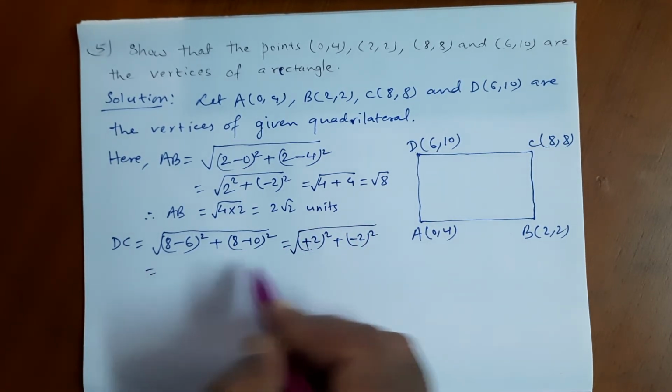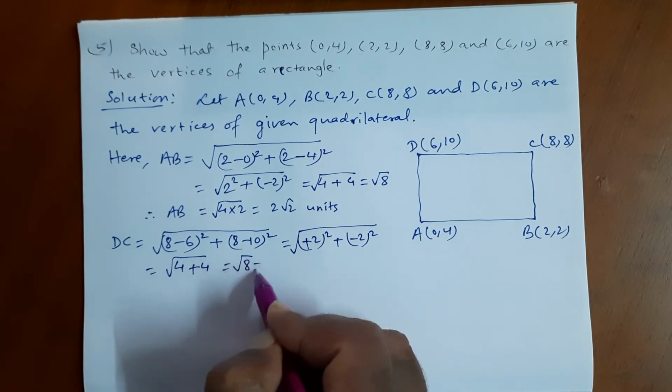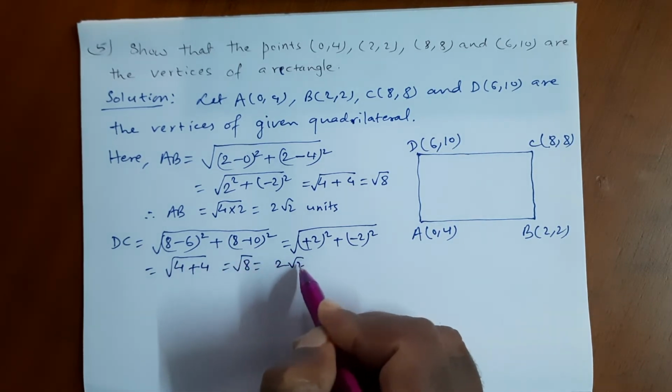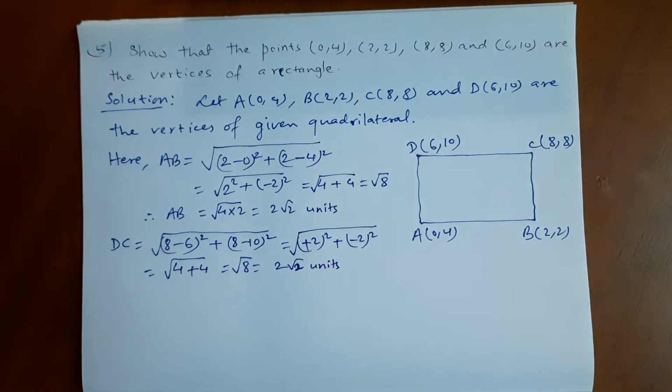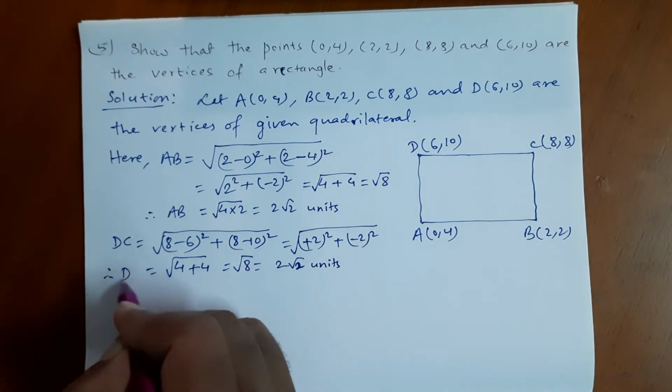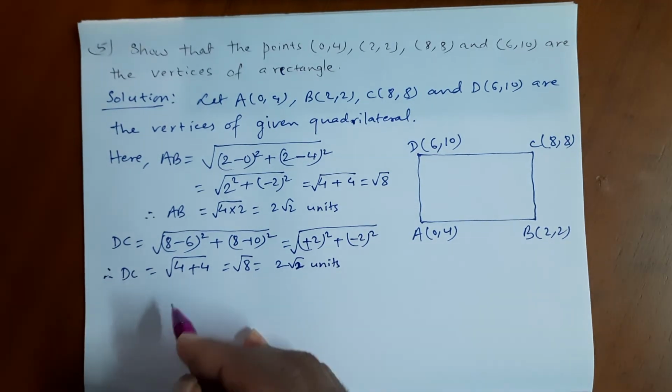So this will also be 4 plus 4, root over 8, that will be 2 root 2 units. Therefore DC equals 2 root 2 units.